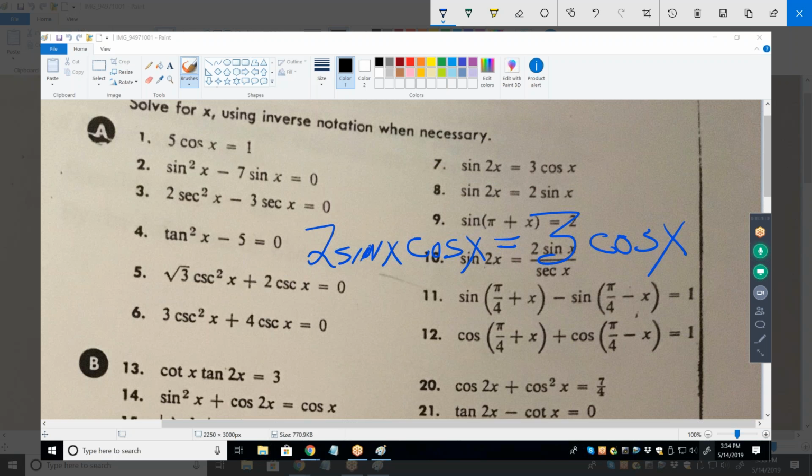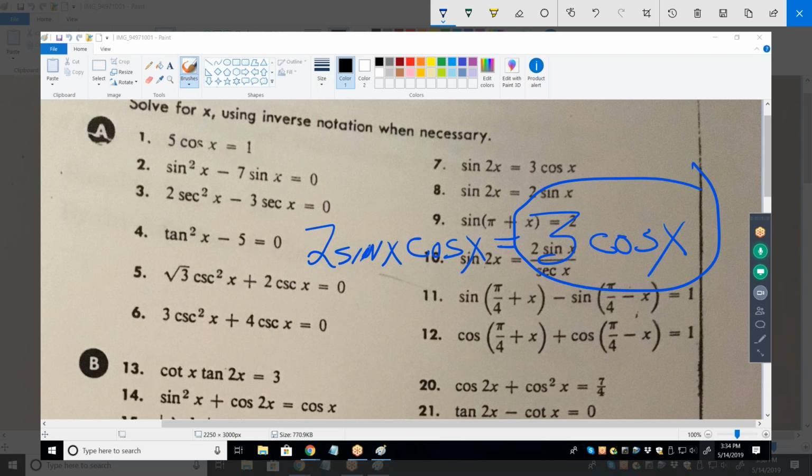If I can't divide by cosine x, what can I do? You would either divide by the coefficients or by the sine of x? No, I would move this to the other side.